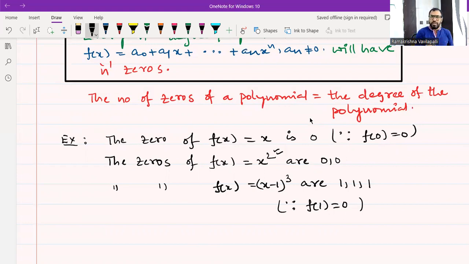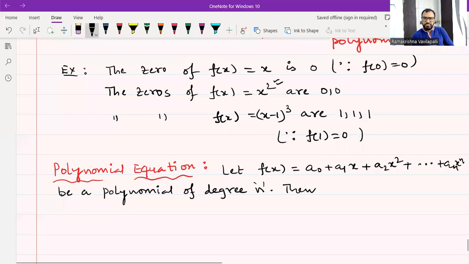Now, what is a polynomial equation and what are the roots of a polynomial equation? Let f of x equal to a0 plus a1x plus a2x square and so on, plus an x power n be a polynomial of degree n.